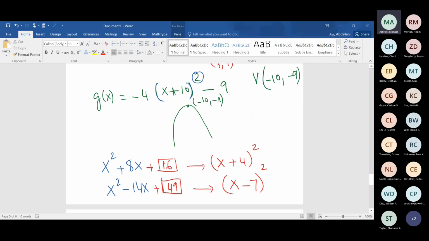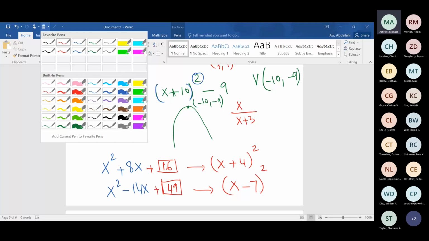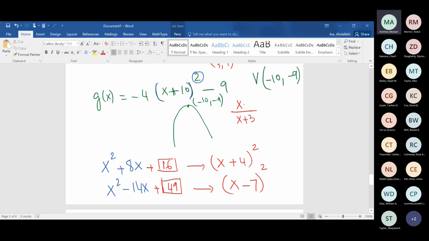For instance, I have x over x plus 3. What would be the incentive for me to add 3 and take it away? Can you tell me why I would do that? Get x by itself. To simplify, right? Because when I do that, look what happens.